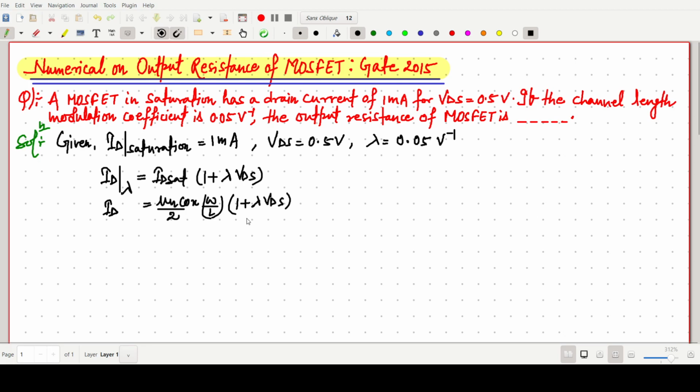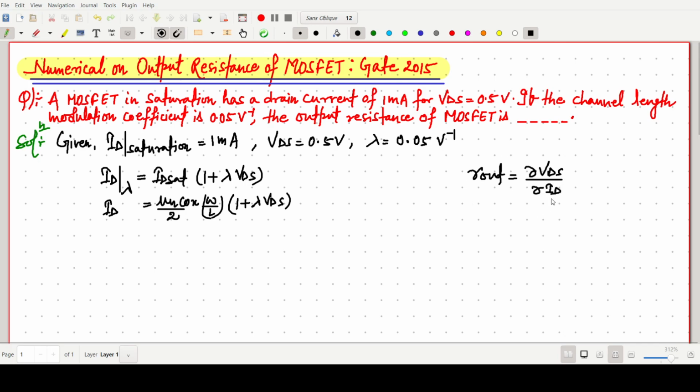Now we have to find the value of R out. The output resistance is simply del VDS by del ID.